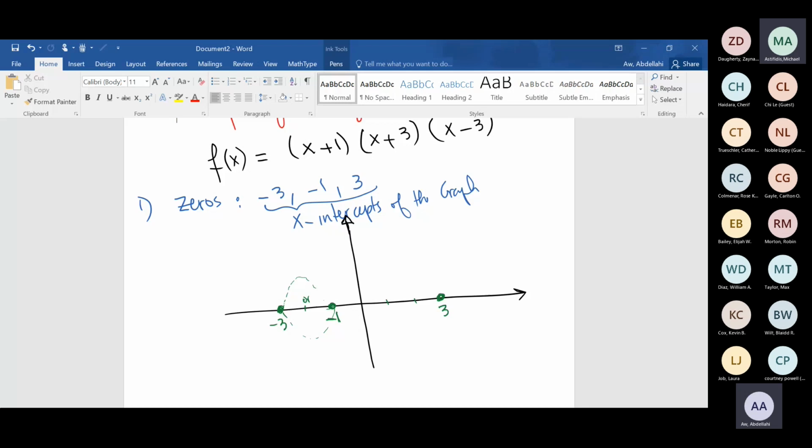How am I going to know that? Very simple. If you want to know where the graph is, if it is above the x-axis or below the x-axis, you pick a test number. You see, if I have a point on the graph which is here, what's it going to mean? Where's my graph then?